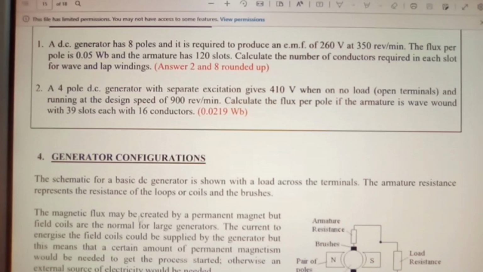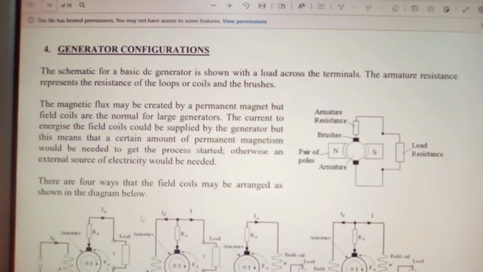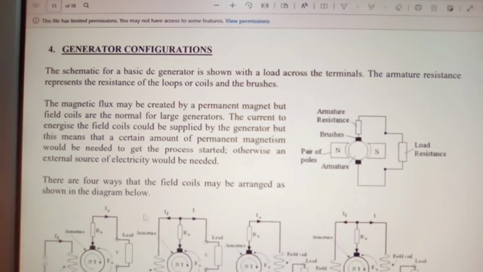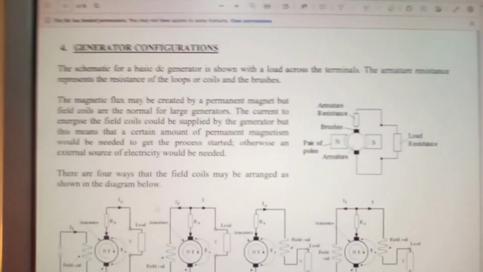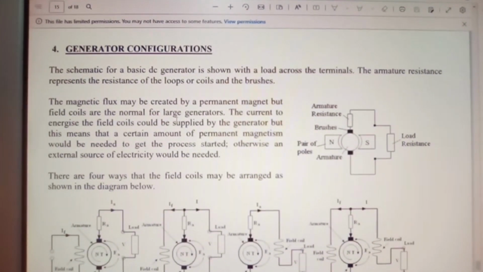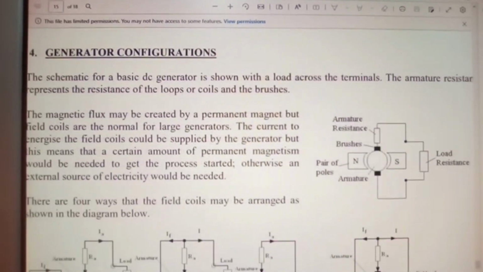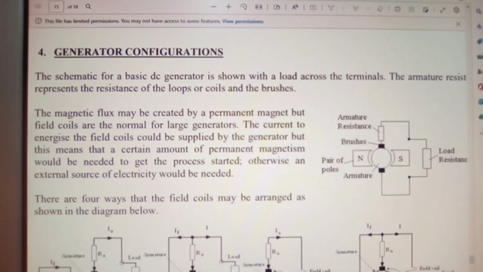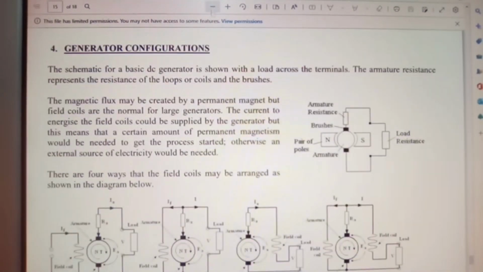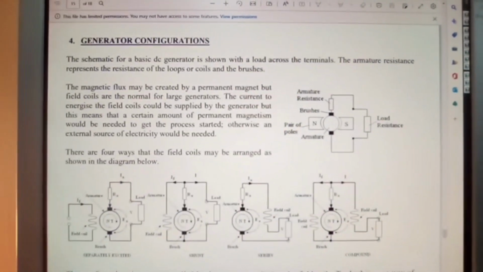Now, this is for you to do your own self-assessment and generate the configurations. And here is where I want to enlarge each one of these. Let me see if I can make the print bigger first. I'm not going to read this print to you. This is for you to read yourselves.